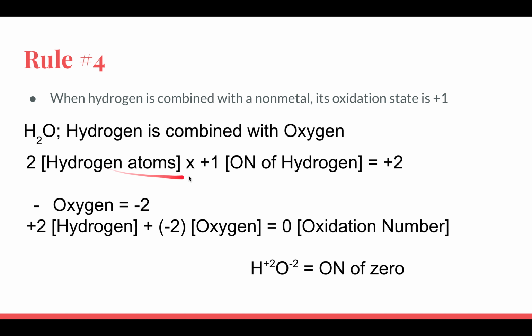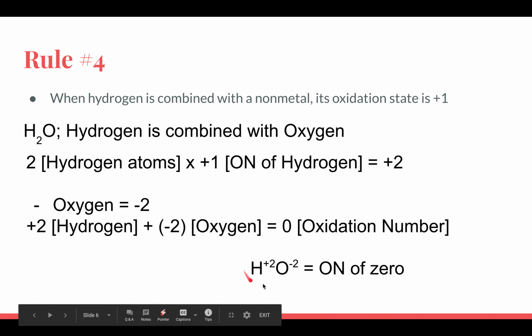Oxygen is a nonmetal, so the oxidation state of hydrogen is +1. Oxygen has its own rule where oxygen is already set as -2. So +2 hydrogen combined with -2 oxygen will cancel out and give us 0 as the oxidation number, as shown below right here.